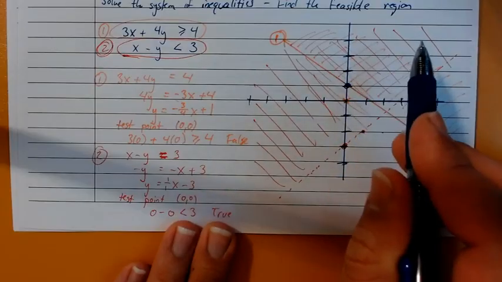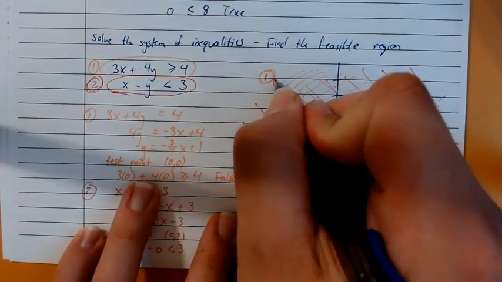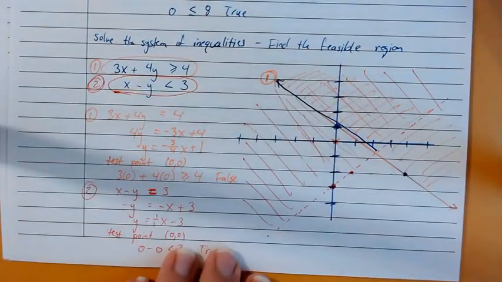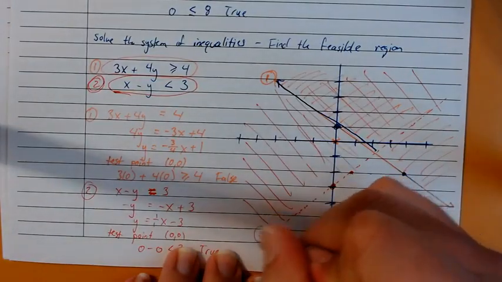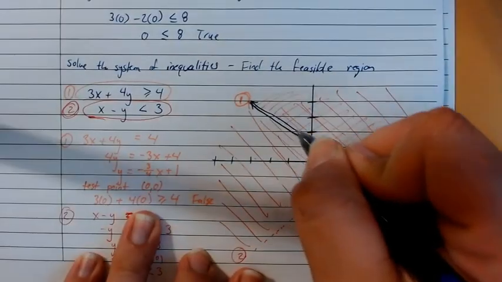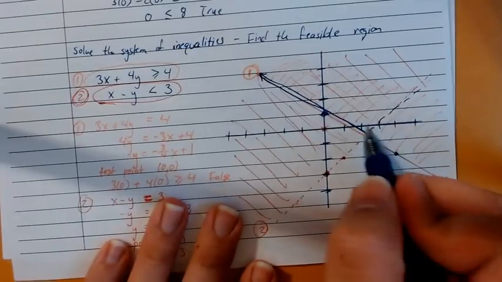Here orange and here red. So if we look to see where it overlaps, we see it right here. So I'm going to do that in blue. I was labeling that 1 and 2. So where they overlap is this solid line right here, and this dotted line over here, and all the stuff in between there.